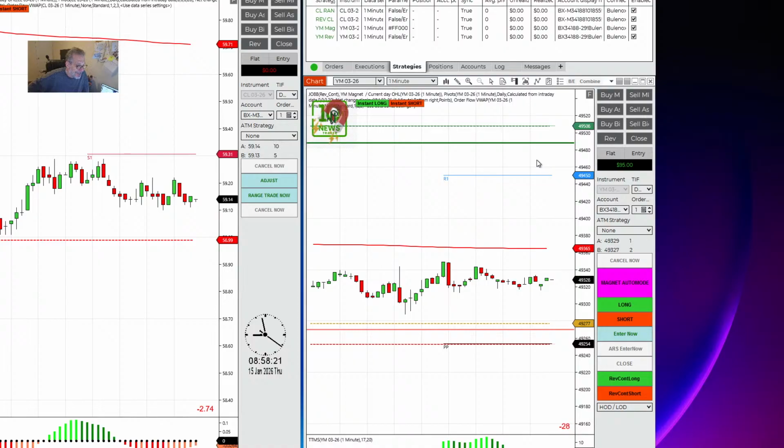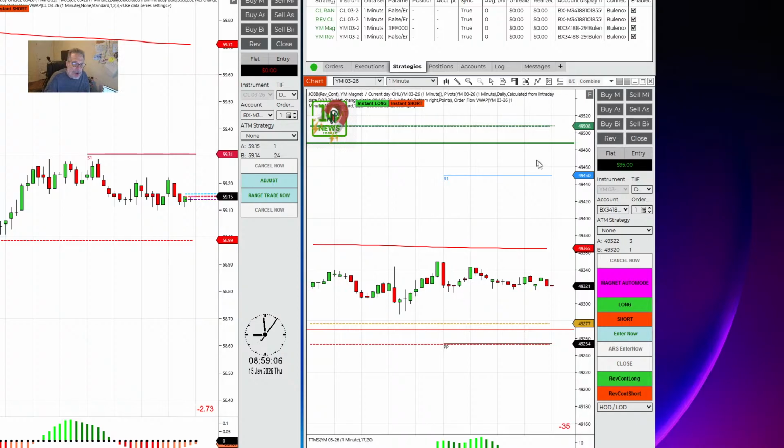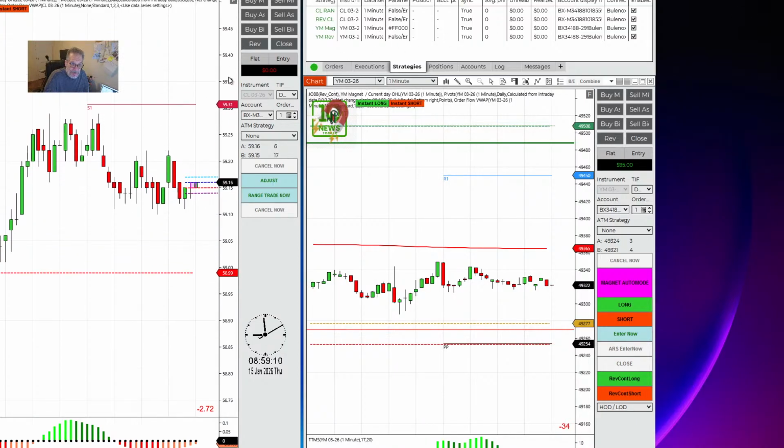The NQ still hasn't pulled back. All right, so now our range is starting to draw.